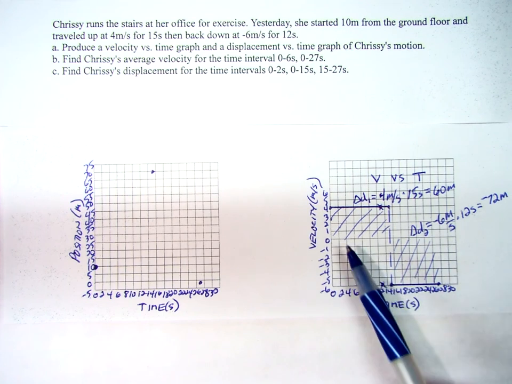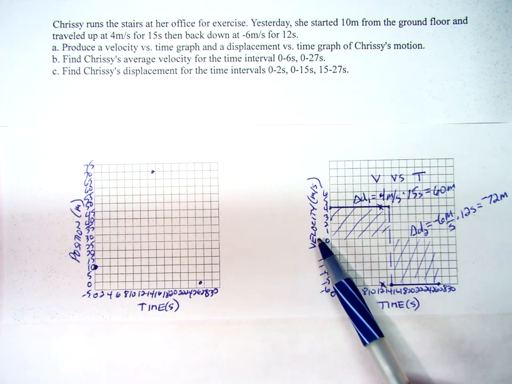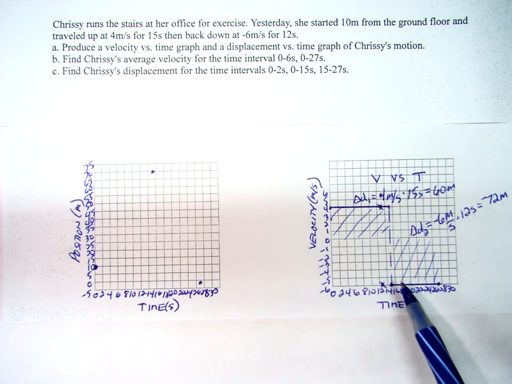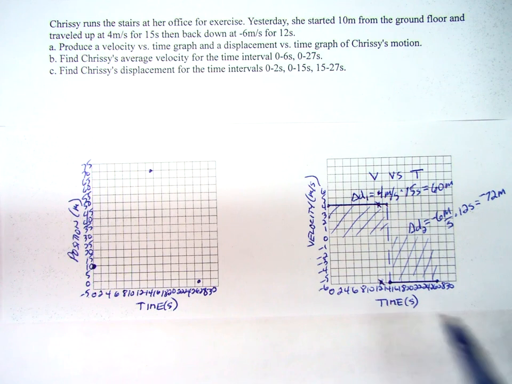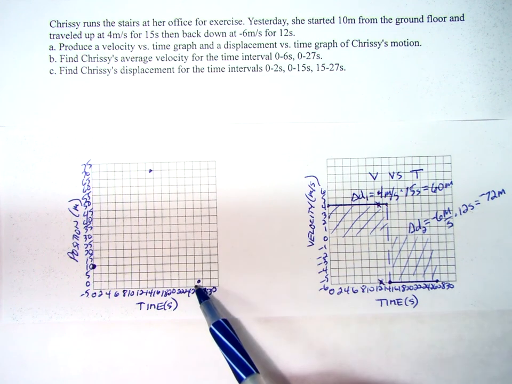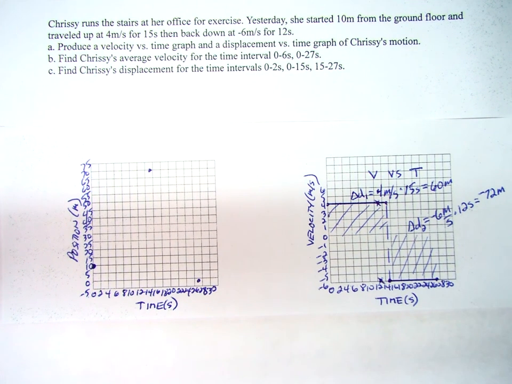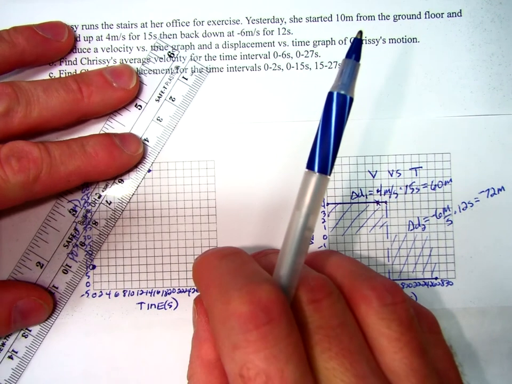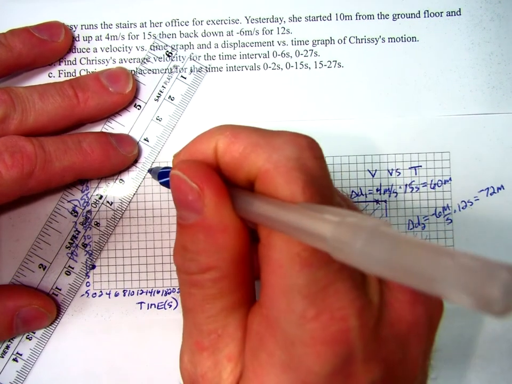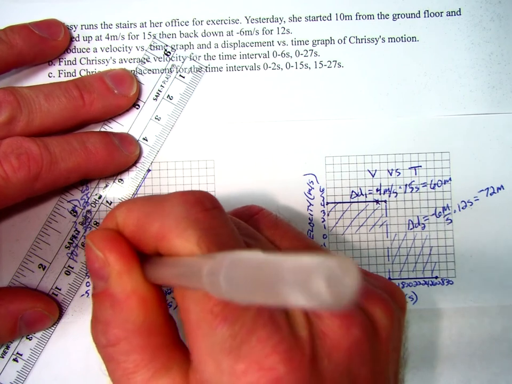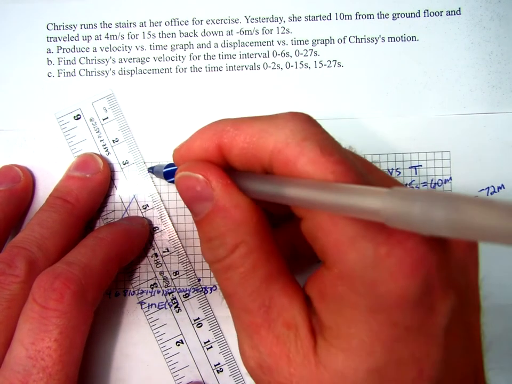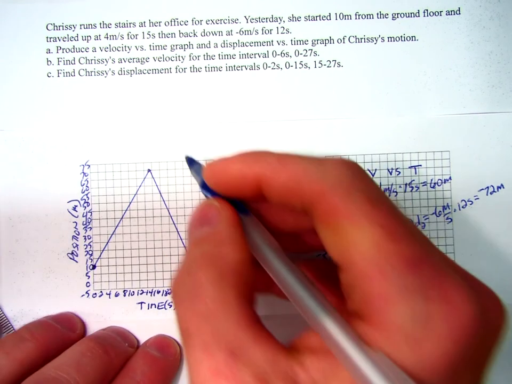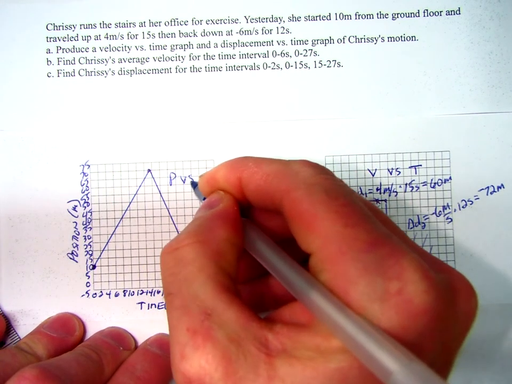If she's at positive 70 and she travels negative 72 meters, she ends up at negative 2. And so I end up down here at negative 2. And so then I'm going to draw my trends. And I'm going to label this P versus T.